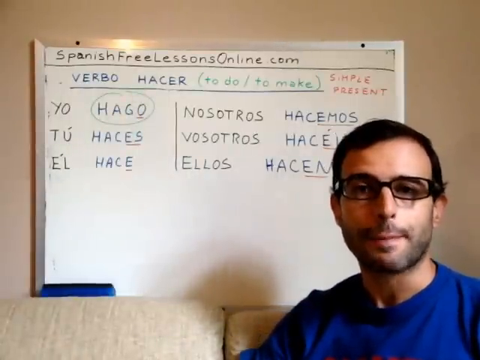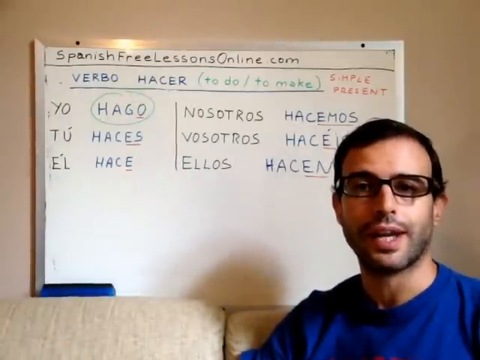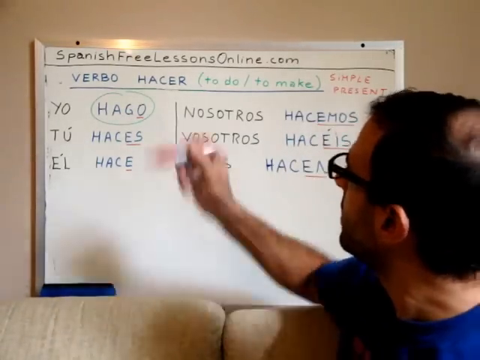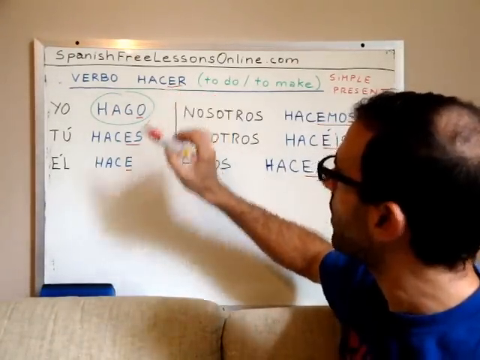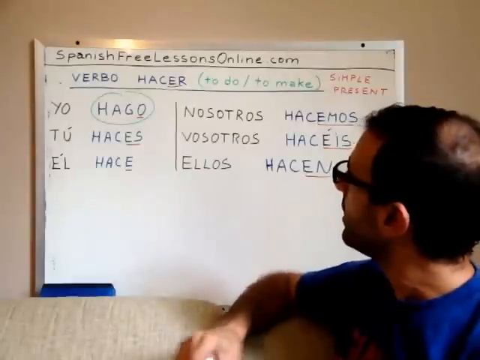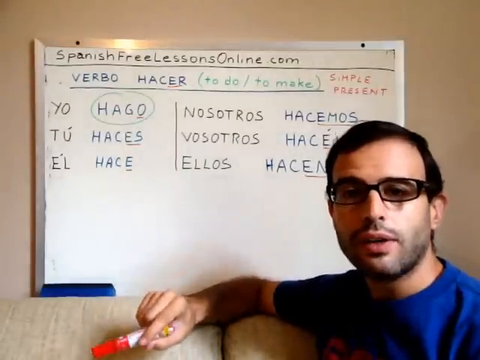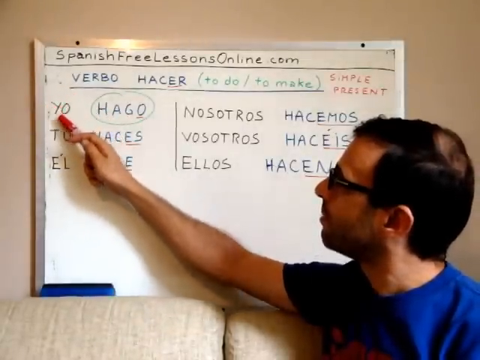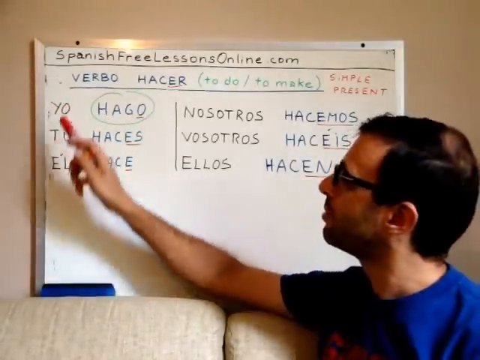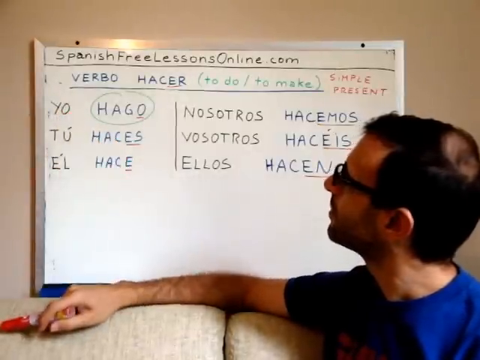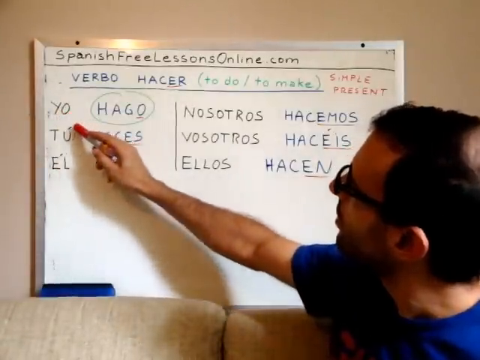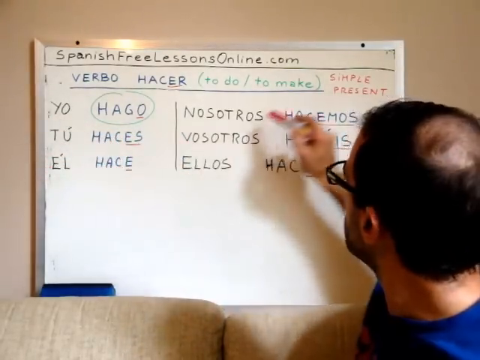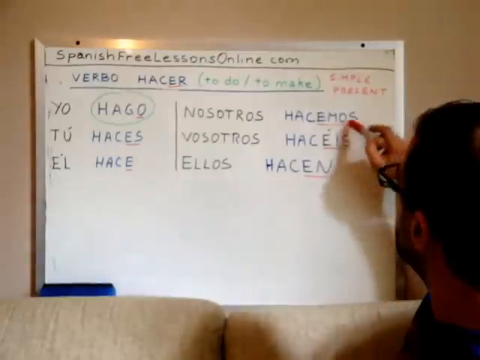In Spanish it's all the same, we just use the verb hacer. The verb hacer belongs to the group of verbs that end in ER, right? And it is irregular, but just because of the first person, for I. All the other conjugations for the other pronouns are regular, as you can see here.